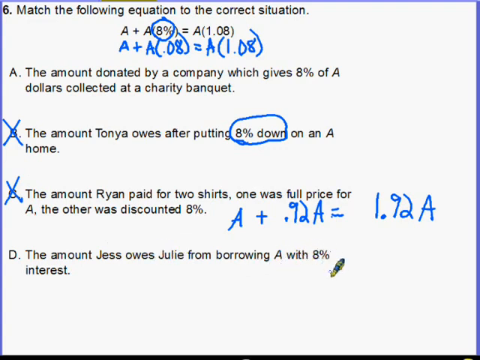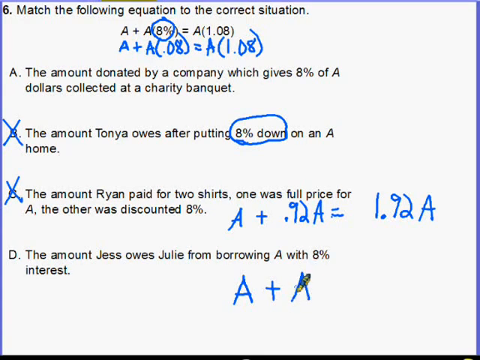The amount Jess owes Julie from borrowing A with 8% interest. Okay? So, if you think about this, she borrowed this amount. Okay?